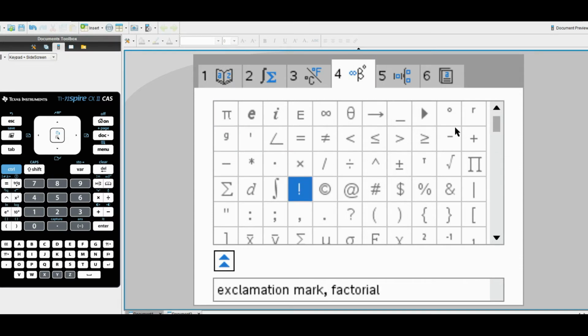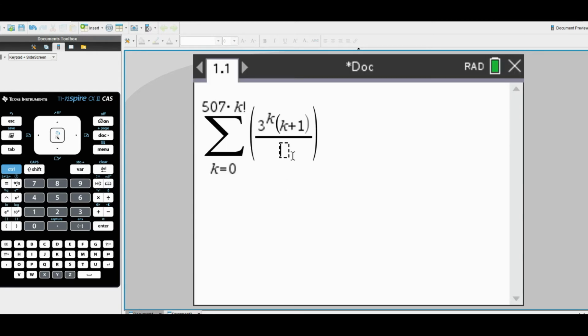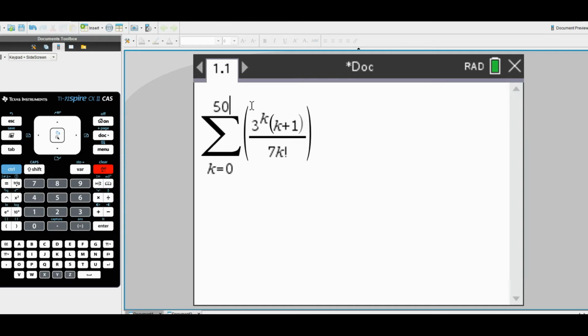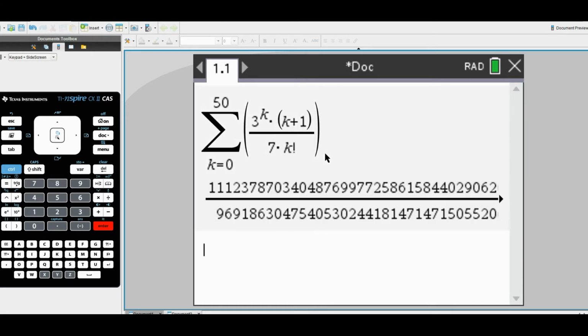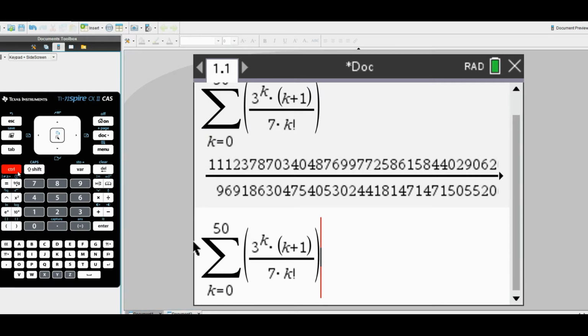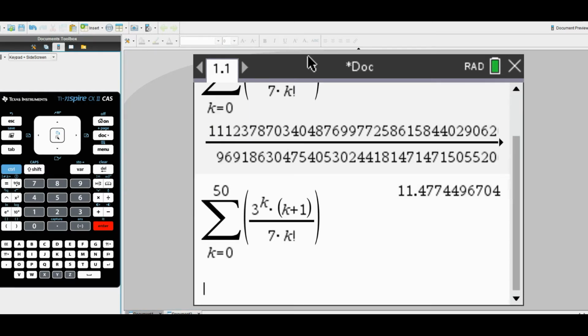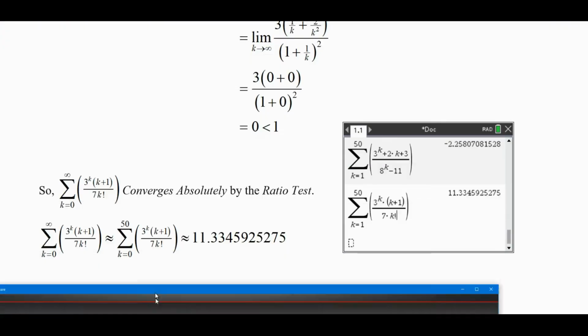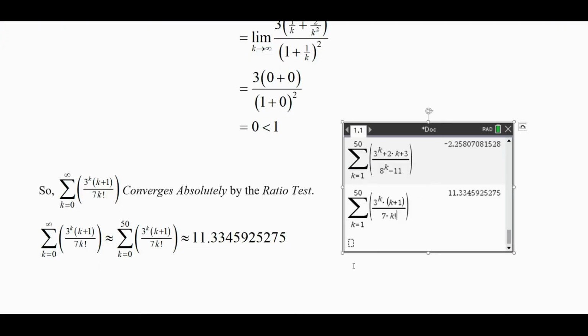There it is. I can also just type it on my screen. 7k factorial. I'll just do it that way. Oh, I was in the wrong place. That's why. All right, and well, there's an exact value. Let's just take that and do approximate value. So let's use that instead of this.